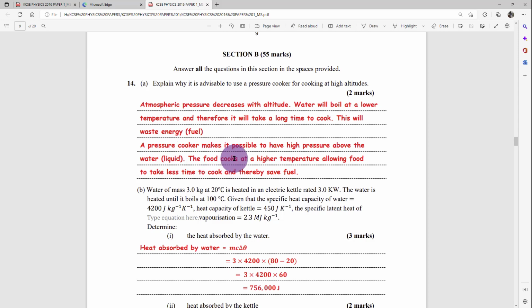So the food is going to cook at a higher temperature, allowing food to take less time because there is more heat. It will take less time to cook and thereby save fuel. So this question is just about pressure and how it changes with altitude. Remember, it is atmospheric pressure, which decreases with an increase in altitude.